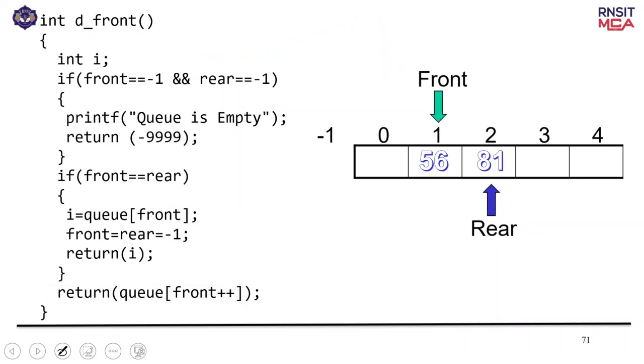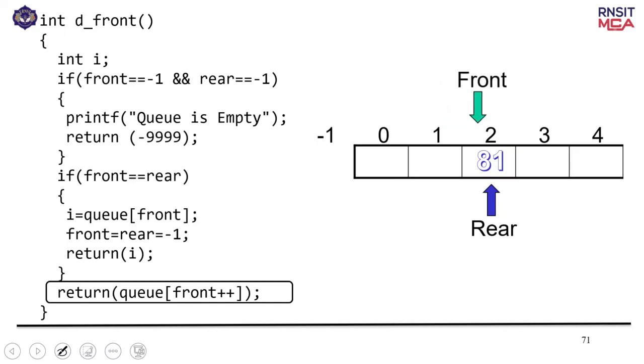Next, again you call delete front another time. Check whether front is equal to -1 and rear is equal to -1. No. Are front and rear the same? No. And return Q of front, that is 56 is returned, then front is incremented by 1.